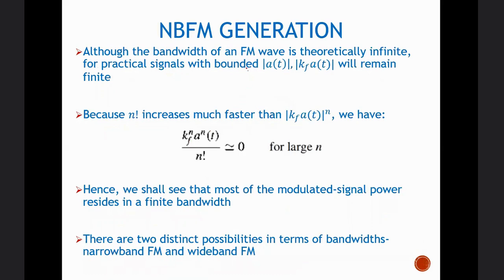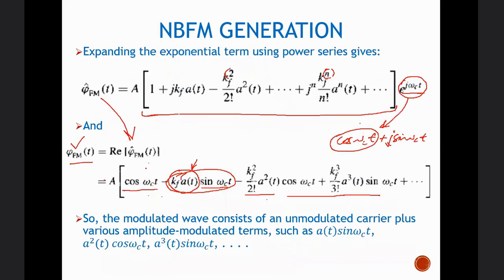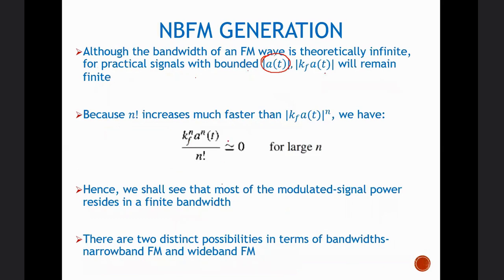Although the bandwidth of an FM wave is theoretically infinite, for practical signals, if we have a bounded a(t), right? So k_f a(t) will remain finite. This term, k_f a(t), that appears here as well, will remain finite if a(t) is bounded.